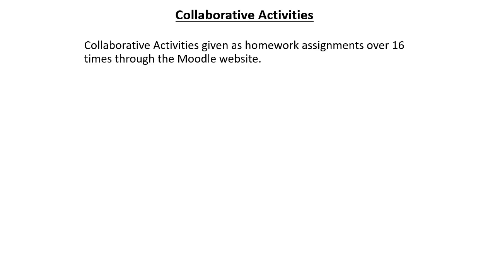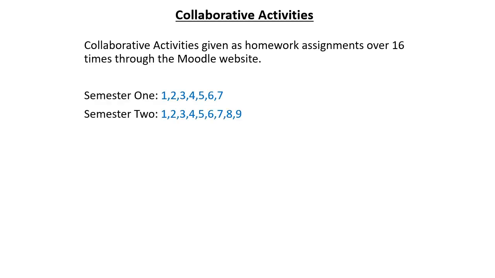The collaborative activities were given as homework assignments 16 times through the Moodle website. For Semester 1, there was a total of 7 activities. For Semester 2, there were a total of 9 activities.